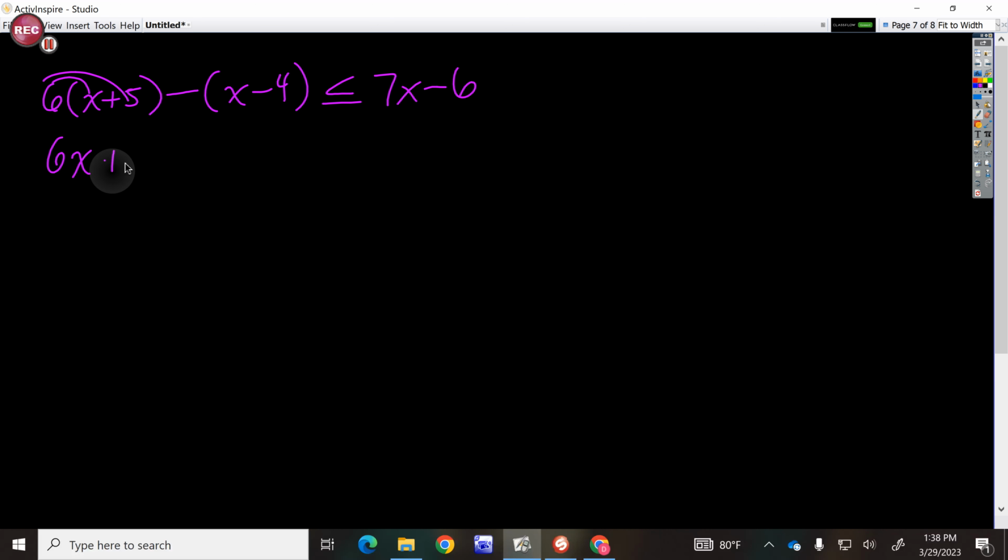Number 13. 6 parentheses x plus 5 minus parentheses x minus 4, less than or equal to 7x minus 6. So here we go. 2 sets to distribute. 6 gets distributed, and we get 6x plus 30 as a result of it.